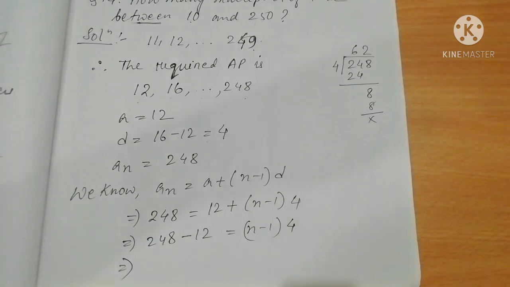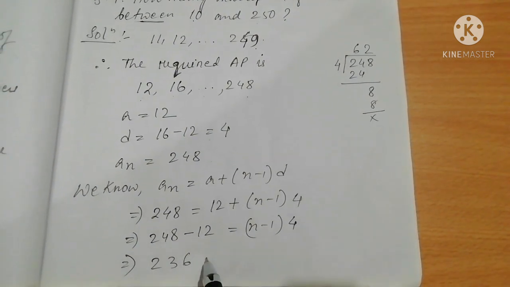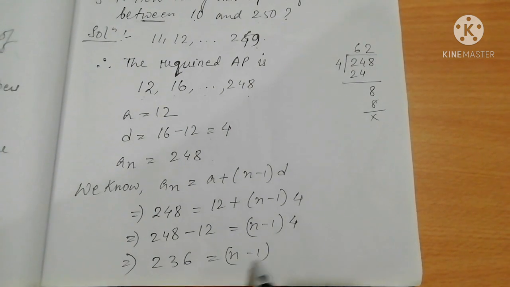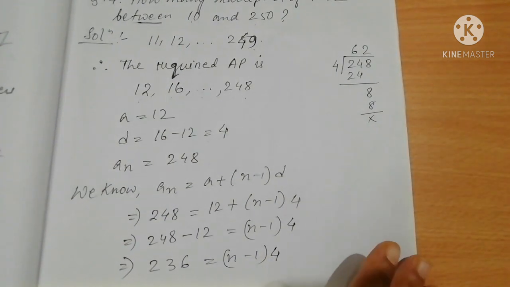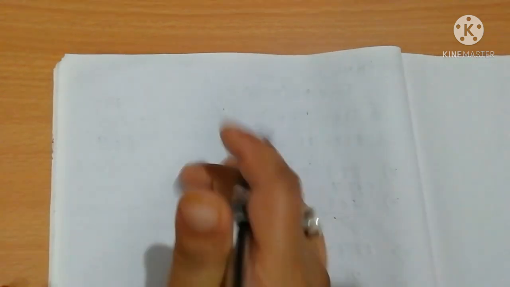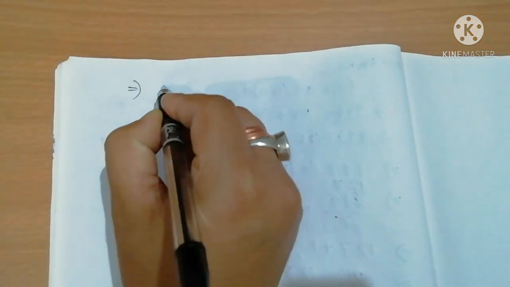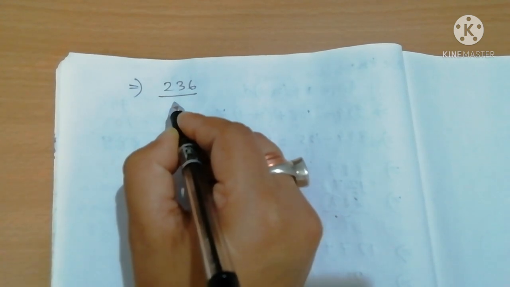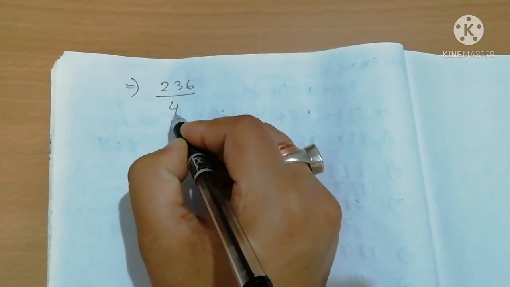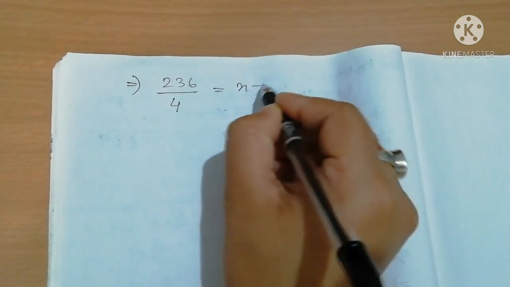So 248 minus 12 will be 236, which is equal to n minus 1 into 4. That means 236 divided by 4 is equal to n minus 1.